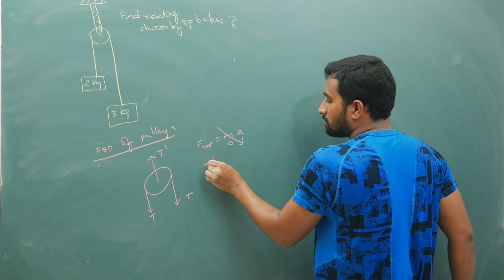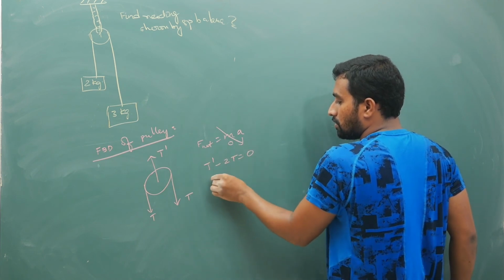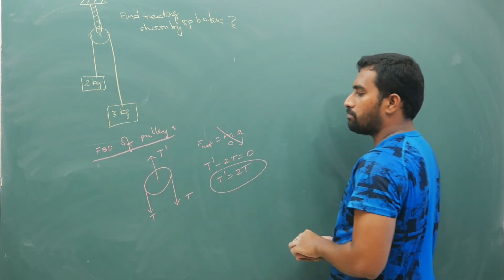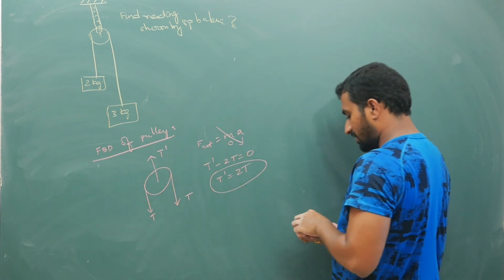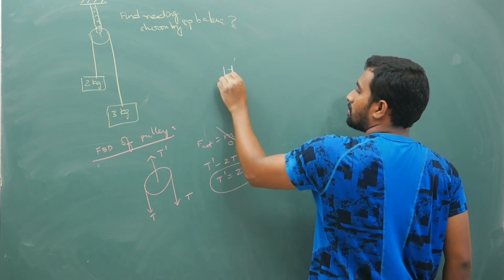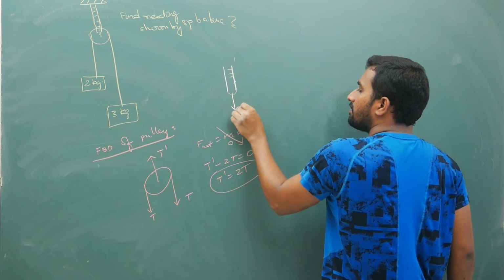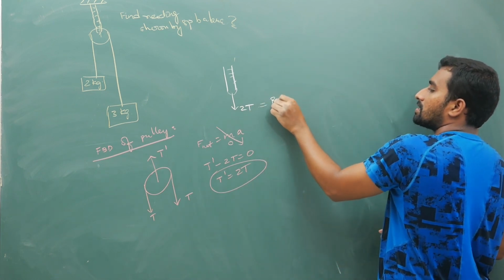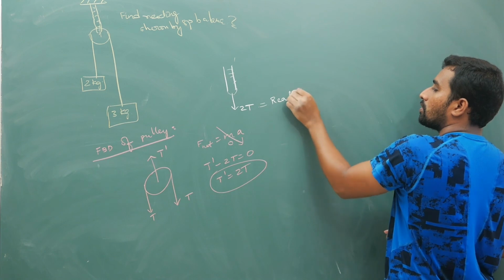Your T dash minus 2T is equal to 0, so T dash is equal to 2T. That means on the top part there is a reaction of 2T. Now on this spring balance, if you are pulling it with a downward force of 2T, your 2T is nothing but your reading shown.